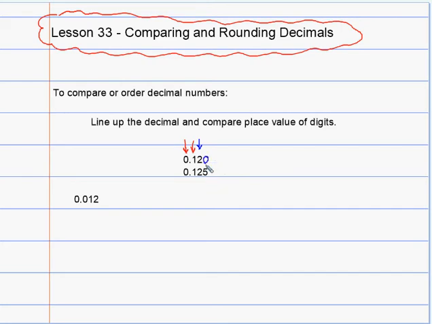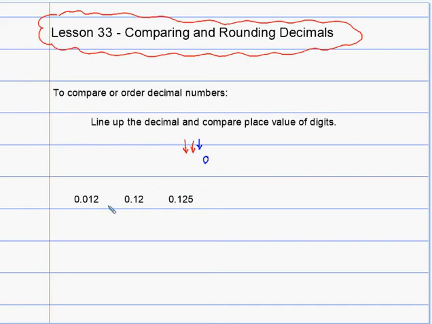So now you're comparing 0 thousandths with 5 thousandths, and 0 is less than 5, so we can put the 12 hundredths next and the 125 thousandths third.